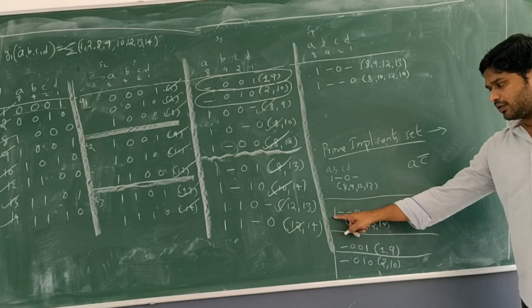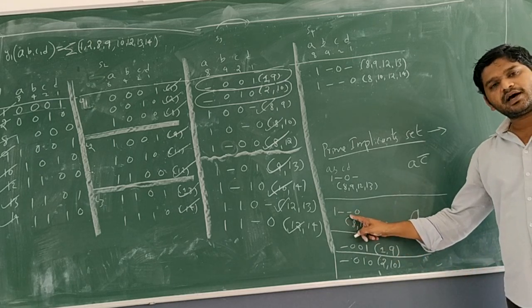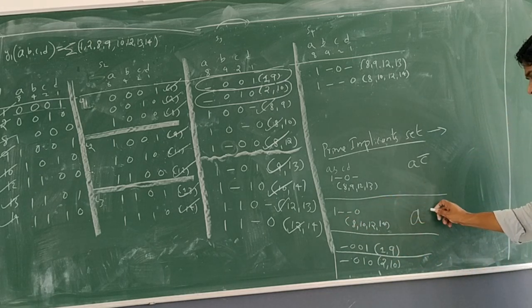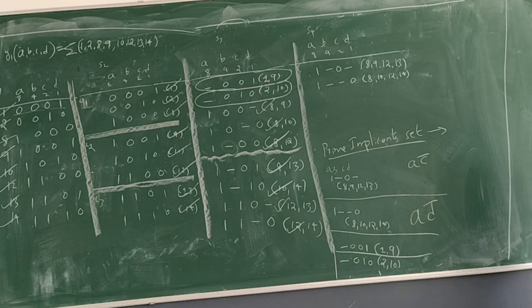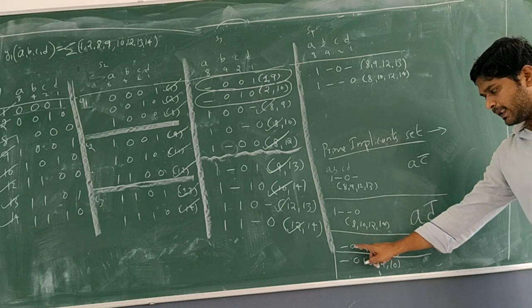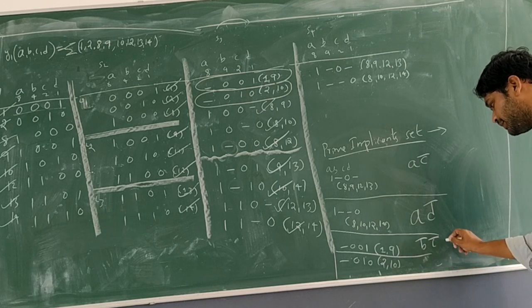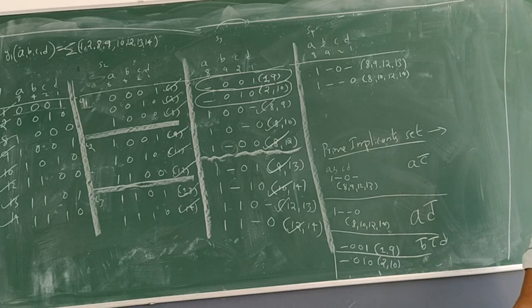Coming to the second row, A is 1, hence A. B and C are hyphen, skip them. D is 0, hence it is D complement. Third row, A is hyphen, skip. B, C are 0, hence B complement, C complement, D, because D is 1.